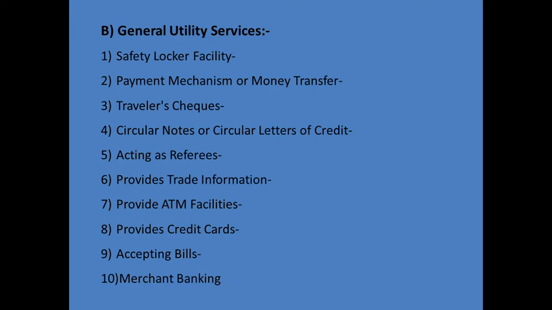They underwrite a portion of the public issue of shares, debentures, and bonds of the joint stock companies. Currently, this type of service can be provided only by separate subsidiaries known as merchant bankers as per SEBI regulations.